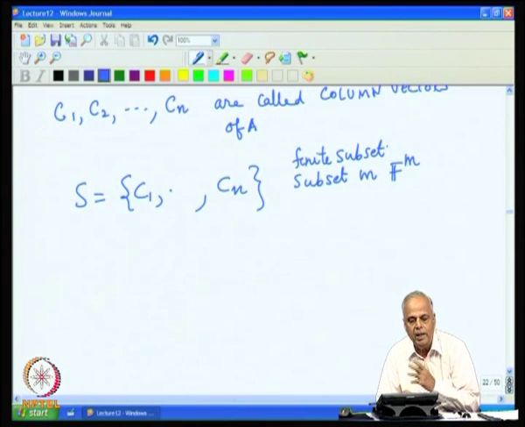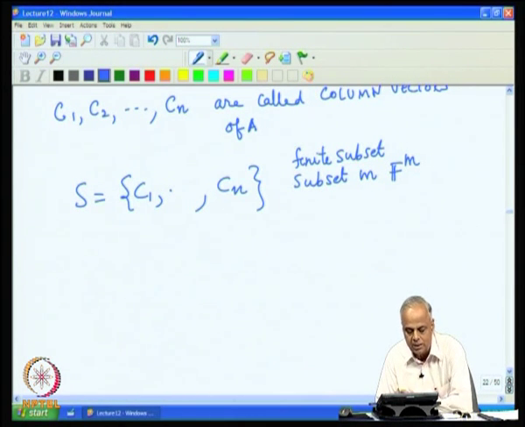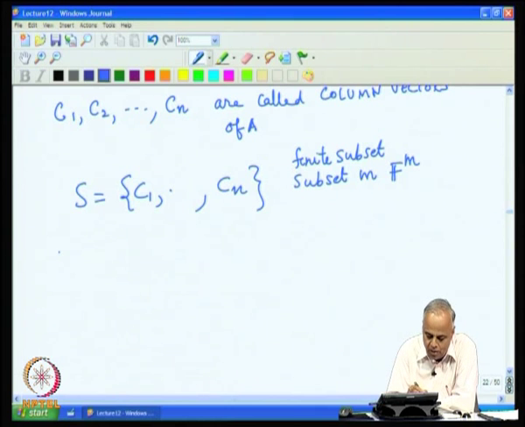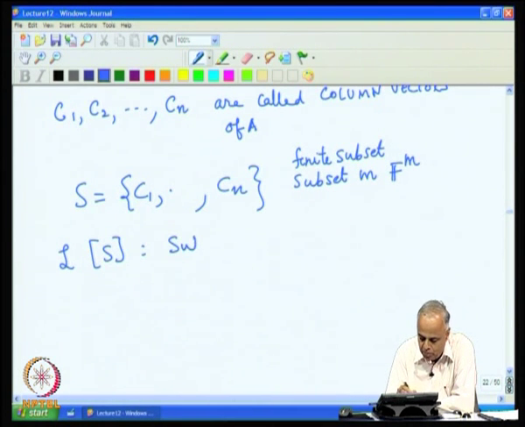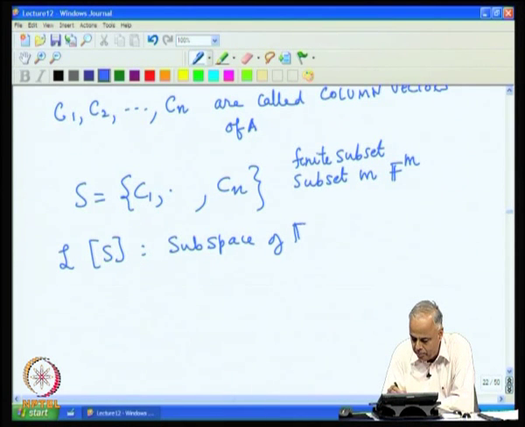The moment we have a finite set of vectors, we can look at L(S), the subspace of Fm spanned by the S vectors.